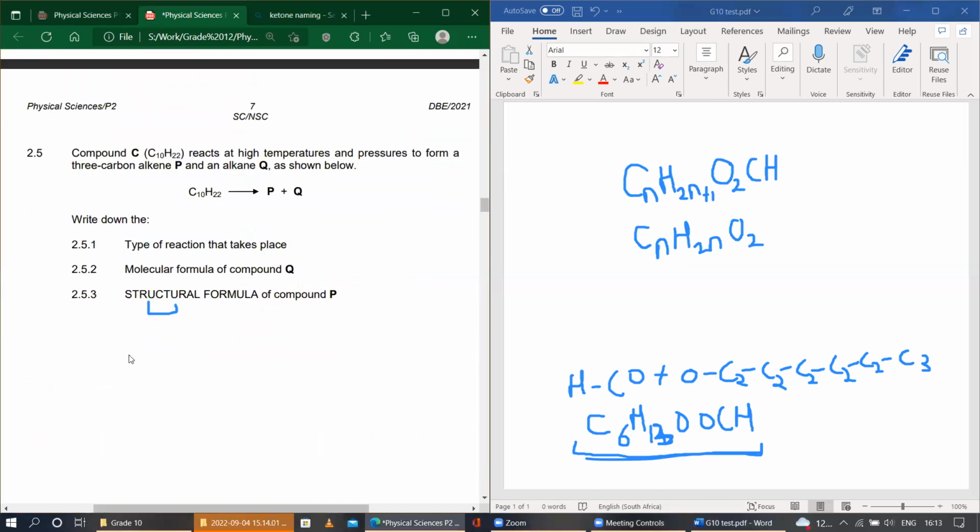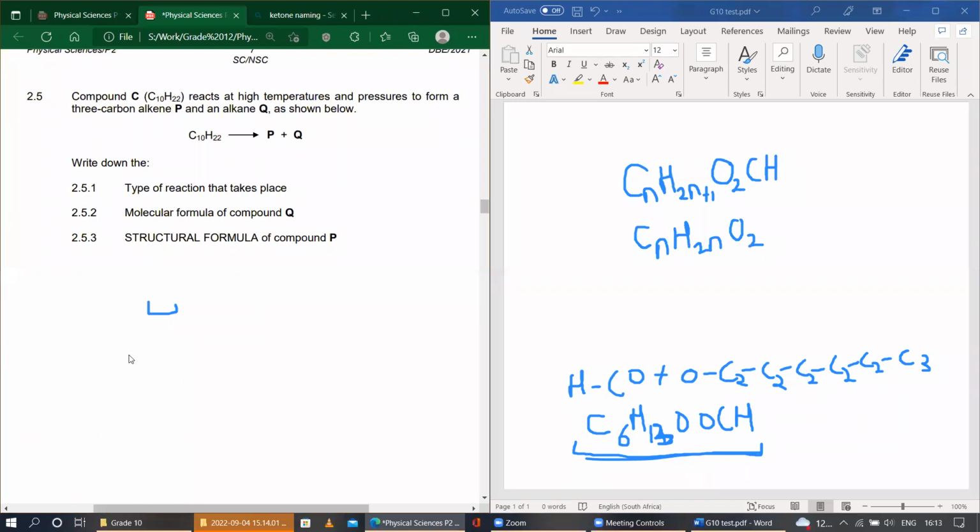So as they say, compound C is reacted with high temperature and pressure to form 3 carbon alkenes, P and Q, as shown below. So now they say write down the type of reaction that takes place.